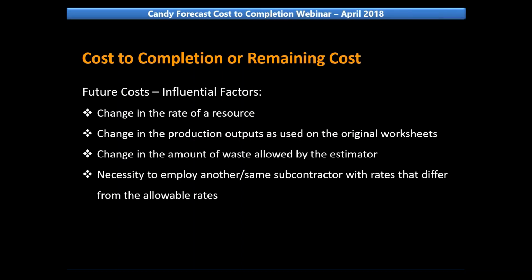The future cost of a project can be influenced by many factors. A few of them are listed below. It could be a change in the rate of a resource, or a change in the production outputs as used in the original worksheets, or a change in the amount of waste allowed by the estimator, or the necessity to employ another or the same subcontractor with rates that differ from the allowable rates.